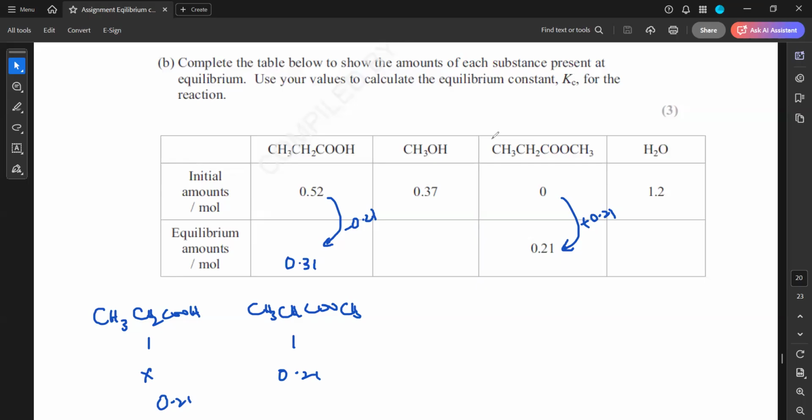The ratio is also 1:1, so the same number of moles will react, and we need how many are left. The same number of moles of water will be produced. Originally we have 1.2 water and now 0.21 is produced, so the total number of moles of water will be 0.33 or rather the total moles of water.